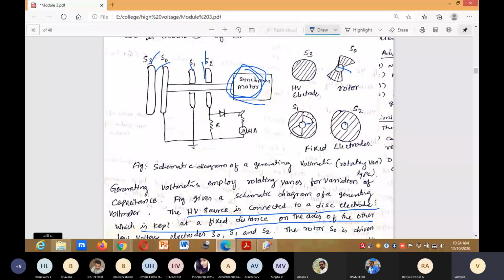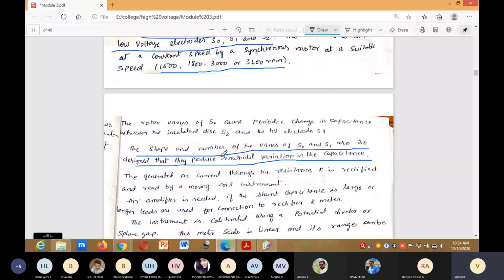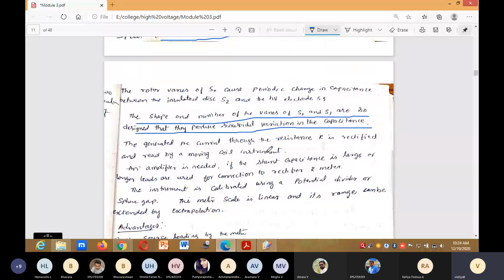The current through the resistance is rectified and read by the moving coil instrument.